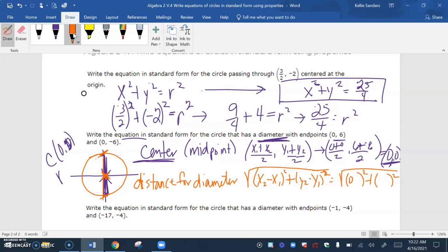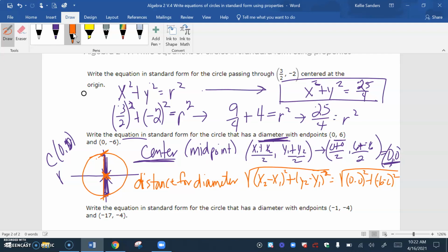So our x's are 0 minus 0, −6 minus 6, 0 plus... 144 is 144, and the square root of 144 is 12.